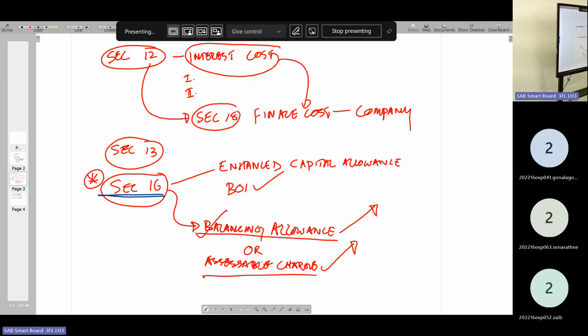It is actually based on the asset classified under section 16 for capital allowances. Under section 16, there are 6 classes of assets, the category of assets.